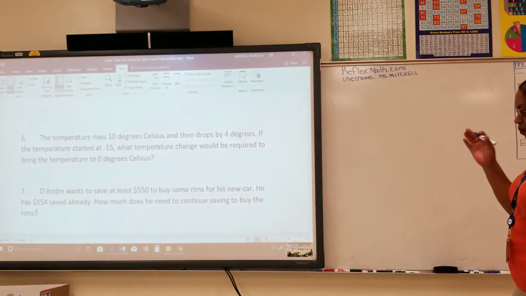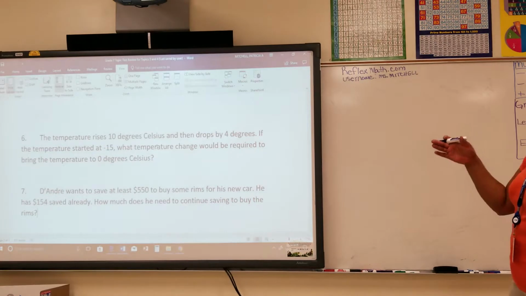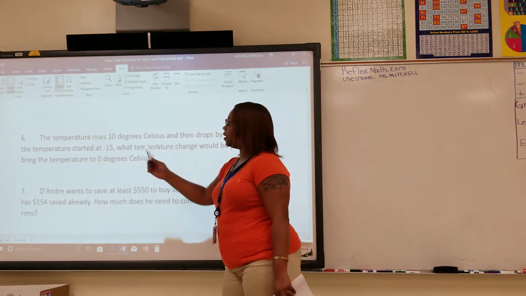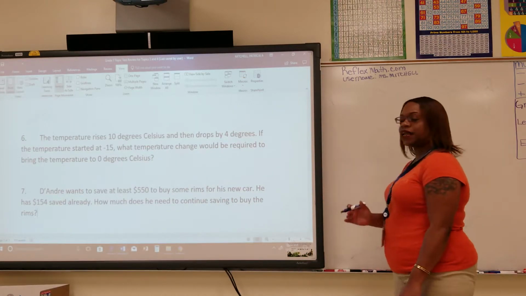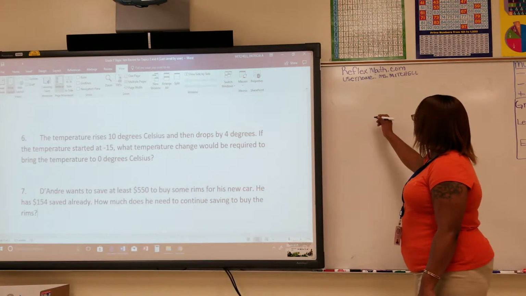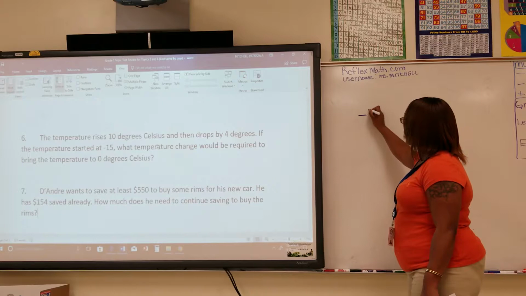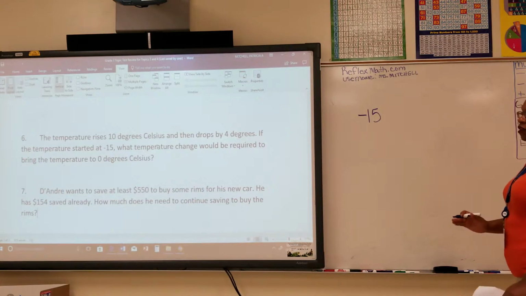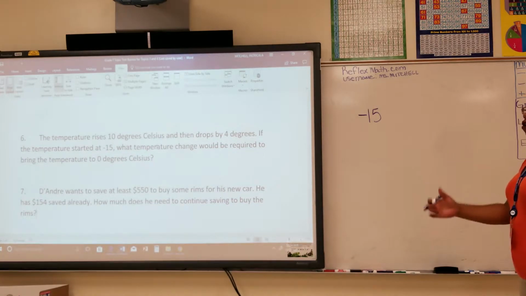All right? So, it says that the temperature started at -15. You see? It started at -15. So, that is our starting point. So, therefore, if it started at -15, that is where we will start. Then we go back into the problem.